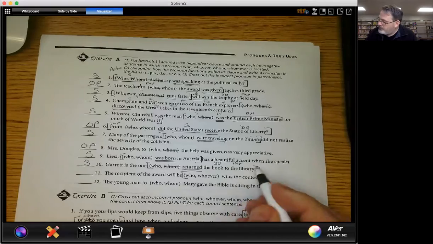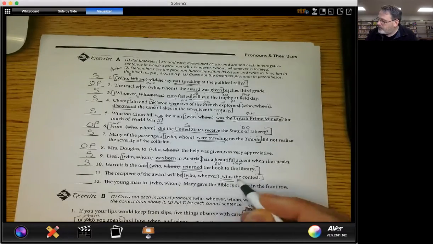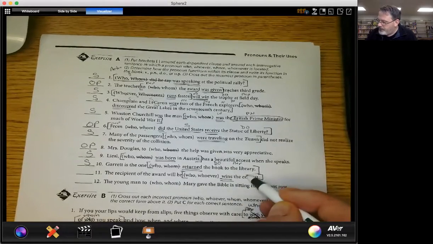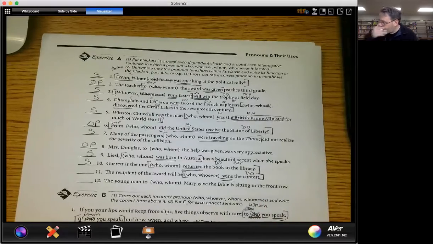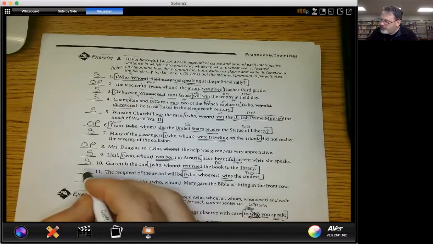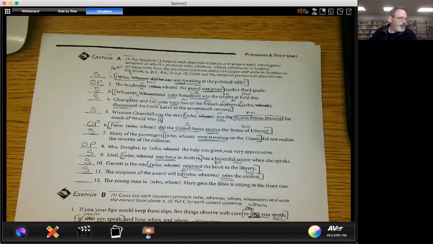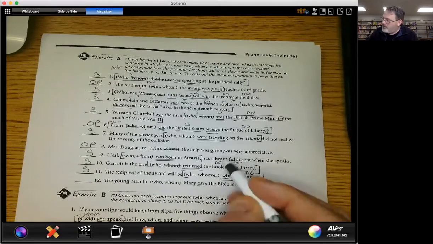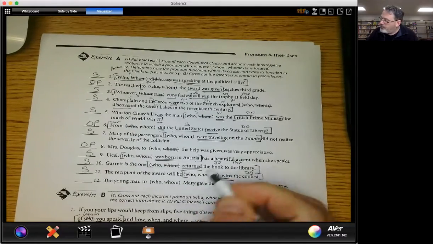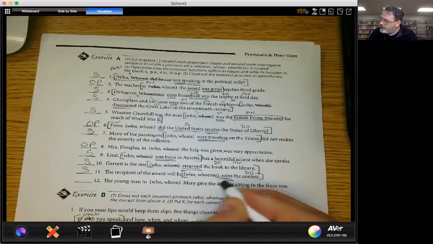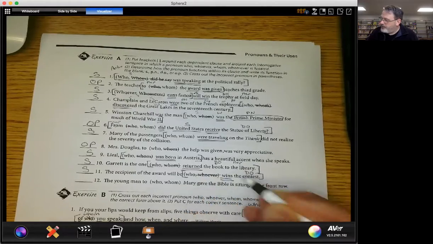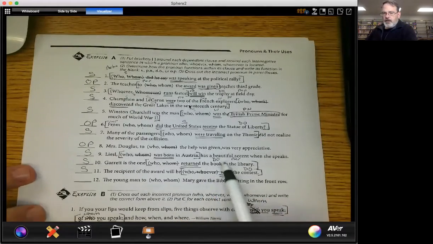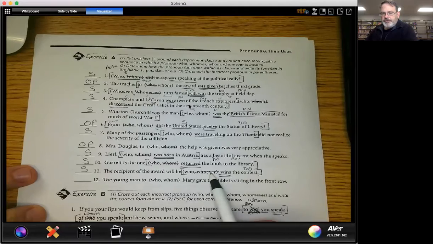What is the verb? Wins. Wins is an action verb. Contest is the direct object. So we know that the subject is what that is. Who or whoever, it's not whoever.